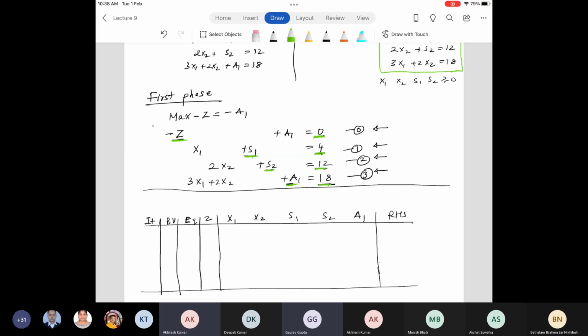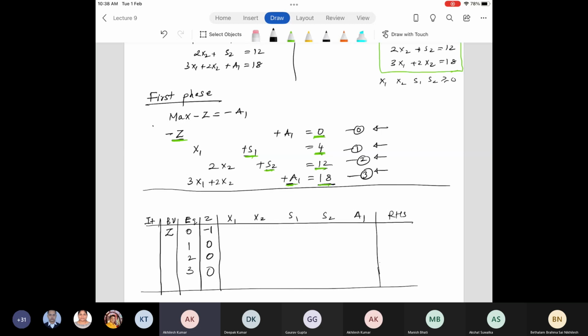Now, sir, by multiplying M with A1 in the Z equation, what happened? Still there, right? It has a coefficient. Let me show you what is happening. With this, if we proceed, here we will put -1 because we are minimizing. If it is 1, it is maximizing. Iteration 0.